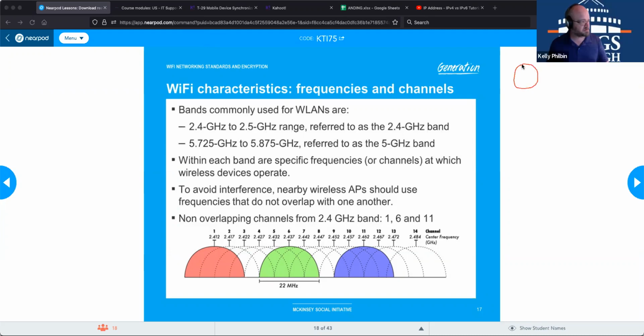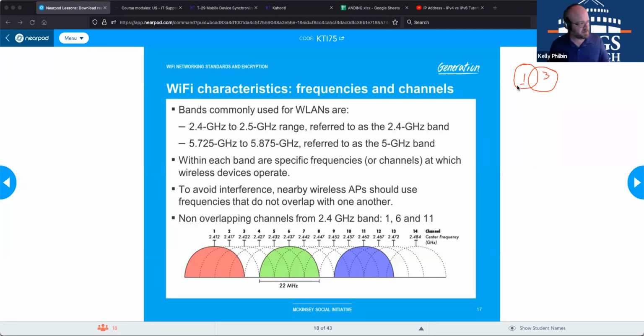So kind of how it looks is, I create a channel 1 bubble. My next door neighbor is able to create a 3, and even though our signals overlap, there won't be any interference because we're operating on different channels.